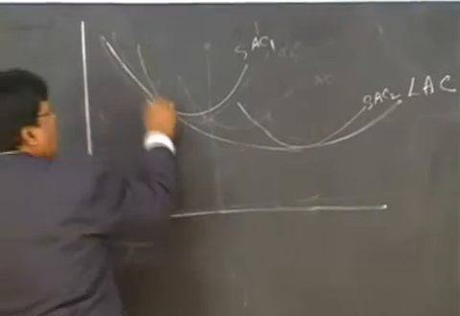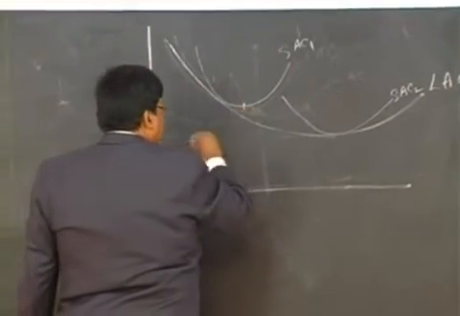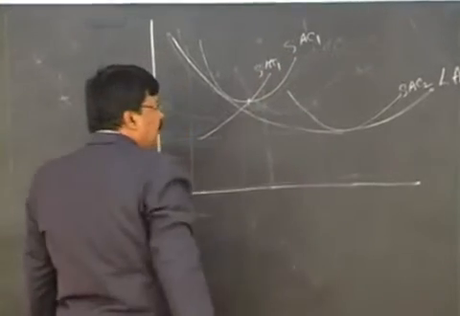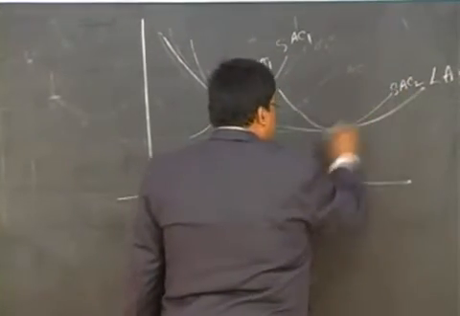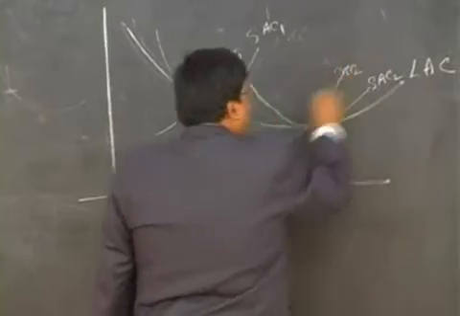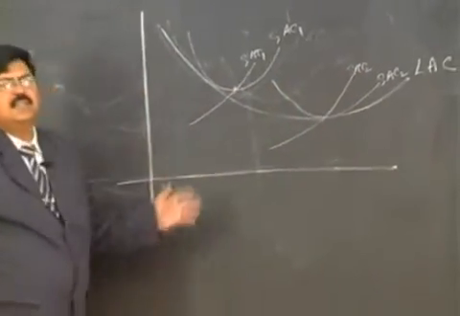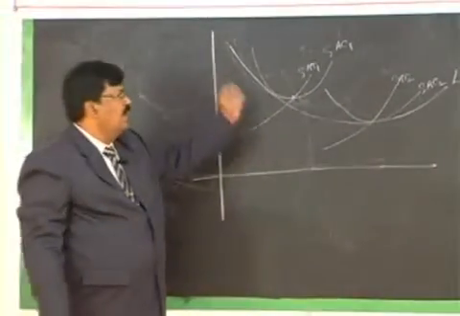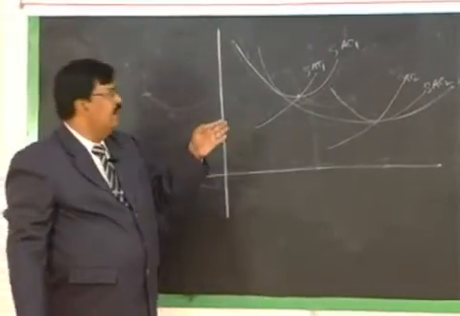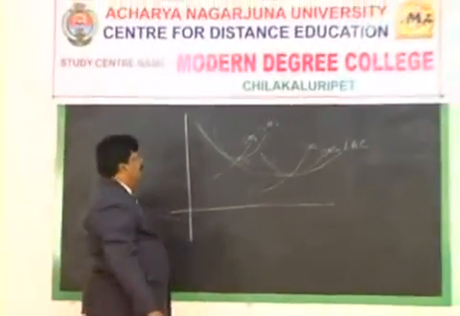So this is a short-run average cost, and this is short-run marginal cost 1, and this is SAC2, and this is SMC2. And this is LAC. LAC is the envelope curve. It envelopes all the short-term situations. Planning curve or envelope curve.